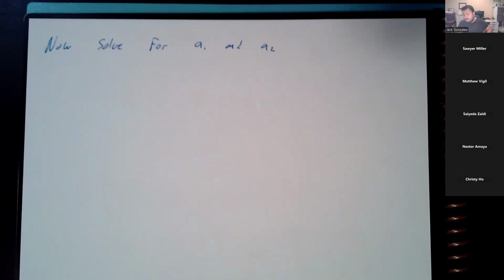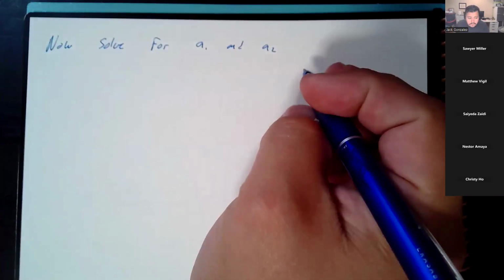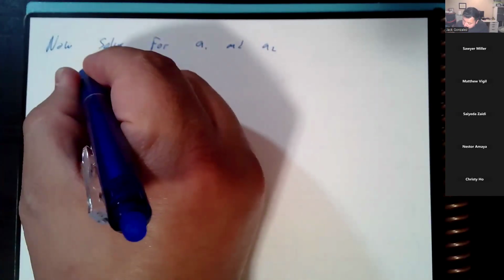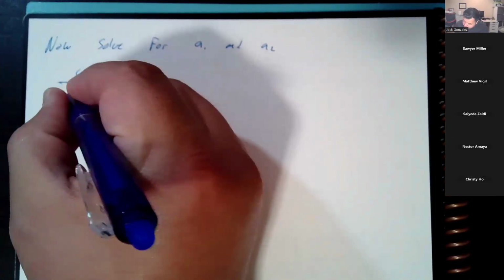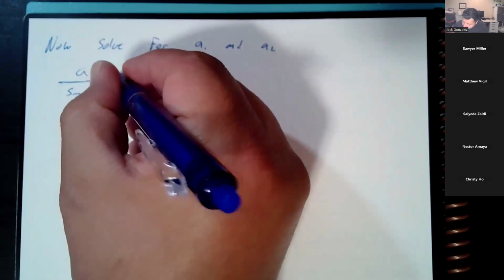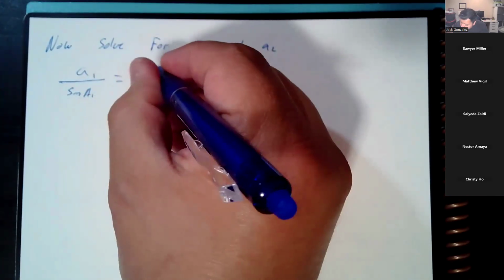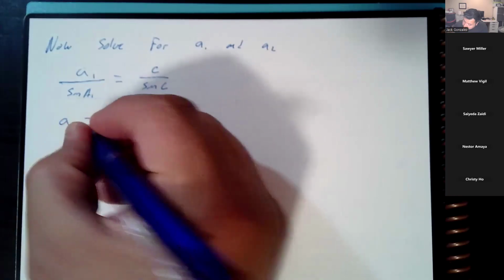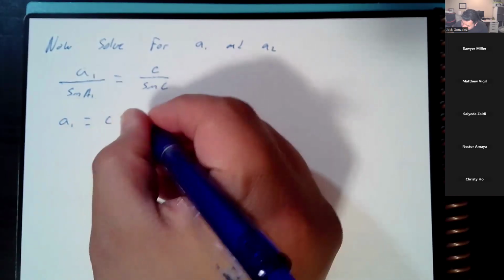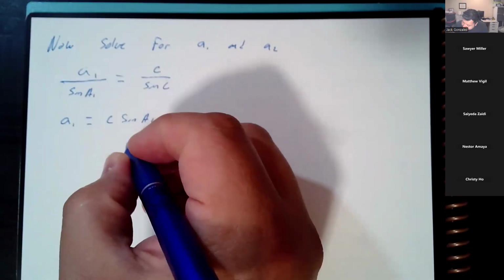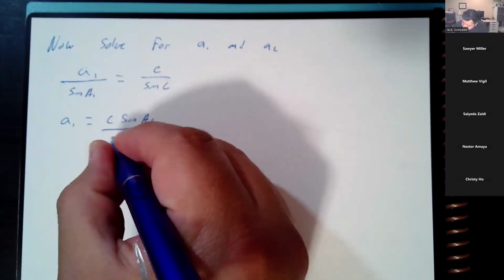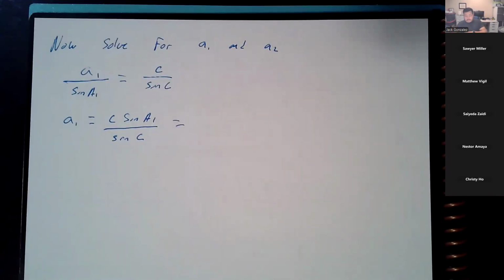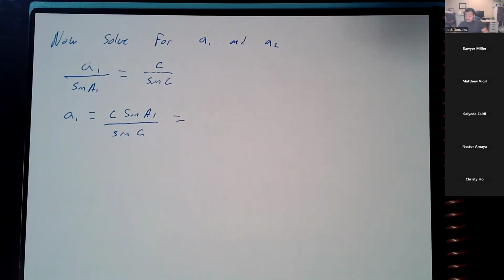Okay, sorry, lost my train of thought. Alrighty. So I'm looking for little a. Set this equal to C sine A over sine C. So A1 is equal to C sine A1 over sine C. Punch that into your machine.